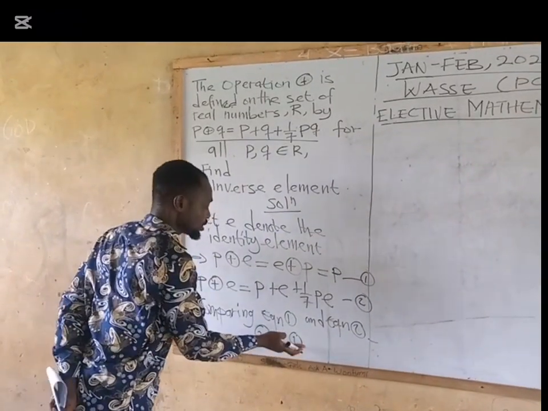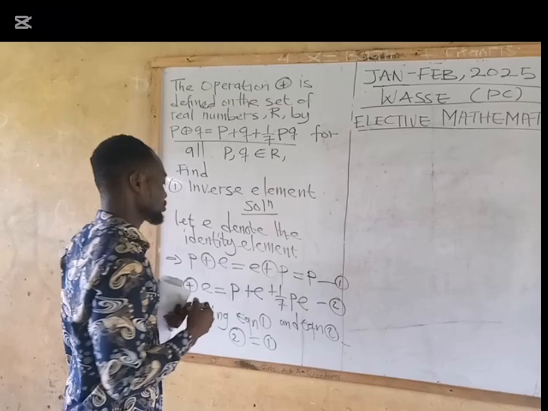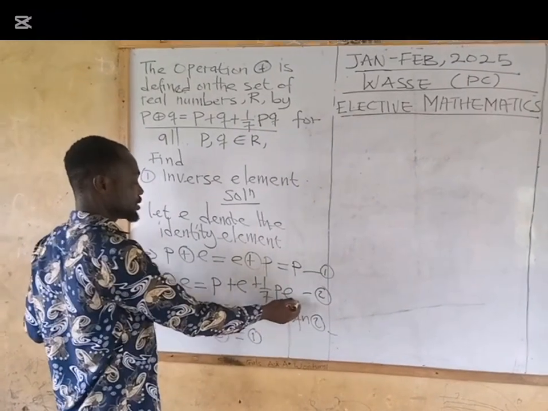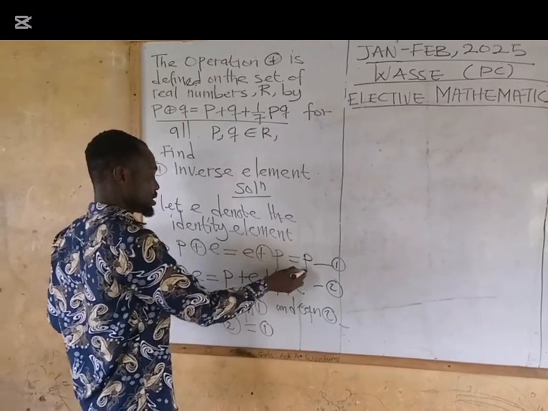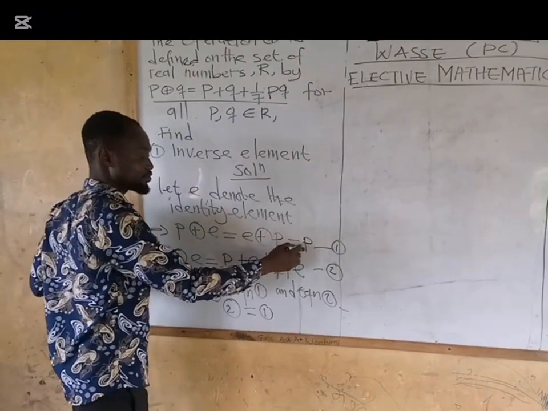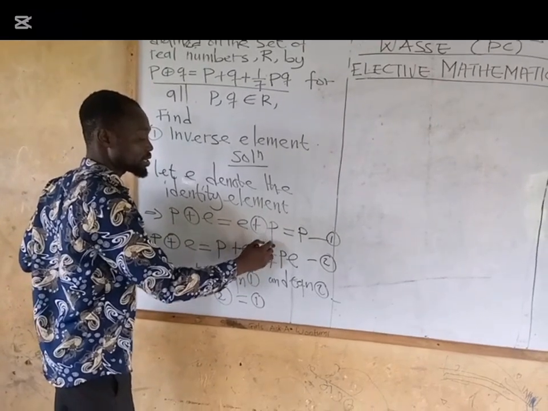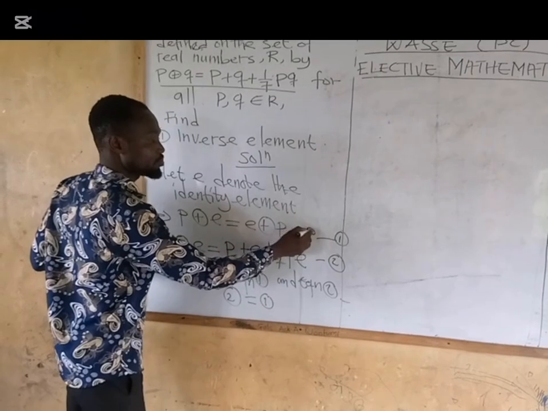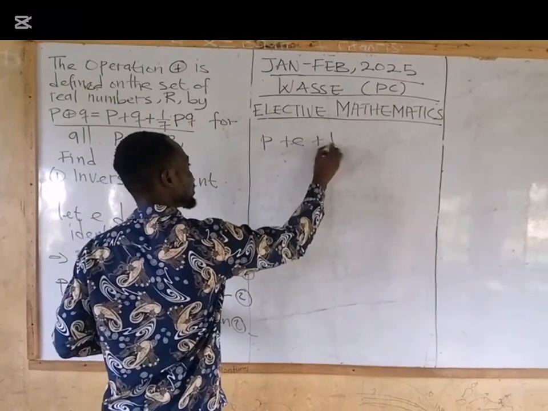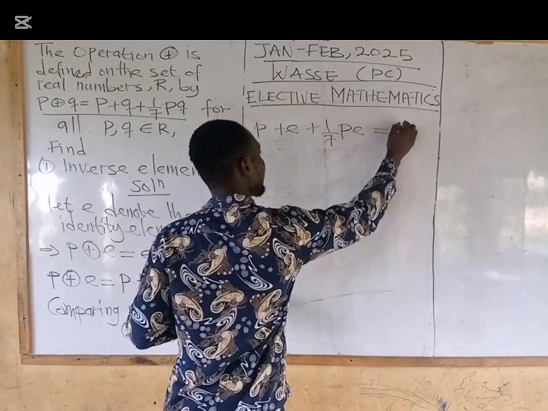When you compare, you find that the relation here should be equal to P, because P operation E is the same as E operation P, which gives P. So in this case, our relation P plus E plus 1 over 7 PE should be equal to P. So I write P plus E plus 1 over 7 PE equals P.